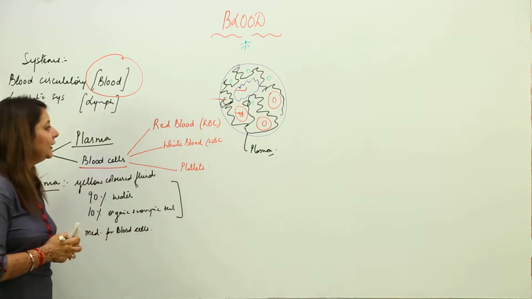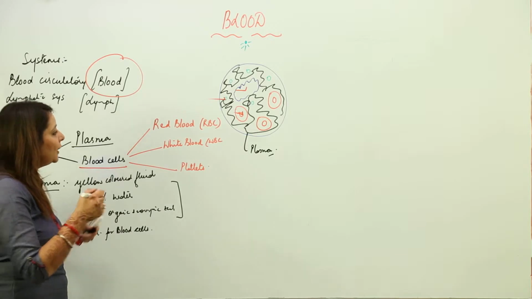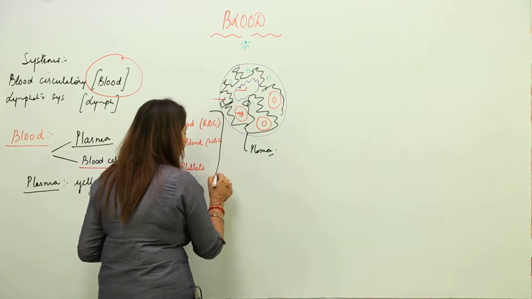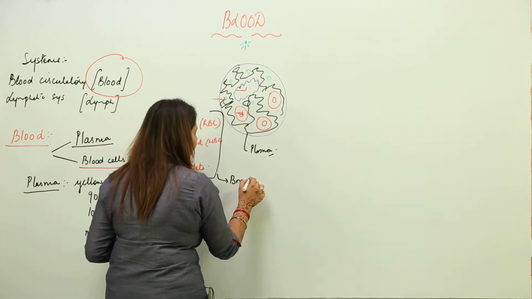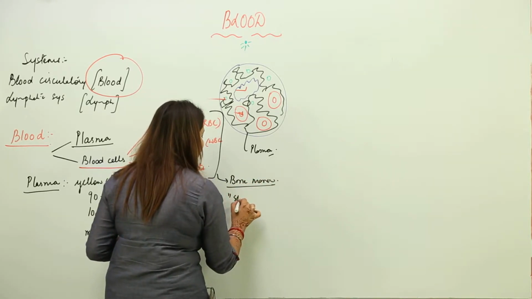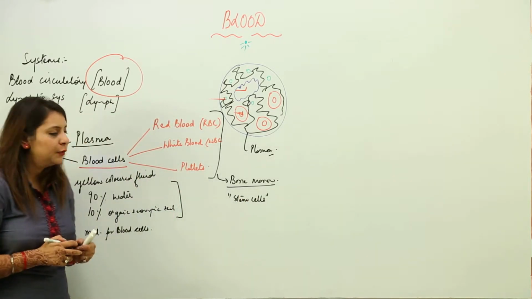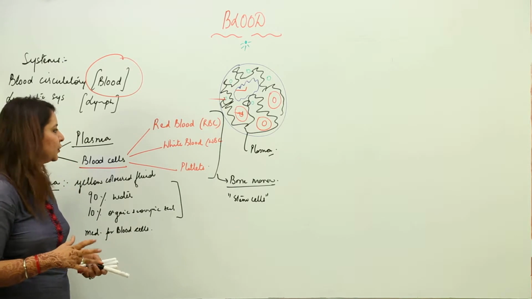Now we are going to study them in detail, how they look and where they are formed. All the cells are actually formed in the bone marrow, that is the cavity of the long bones. They are formed in bone marrow by specialized cells called stem cells. This is a common characteristic which you need to remember.